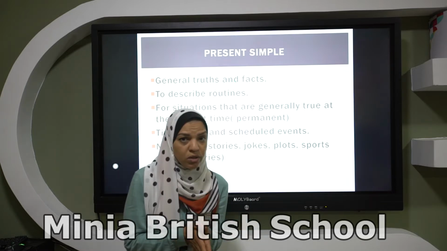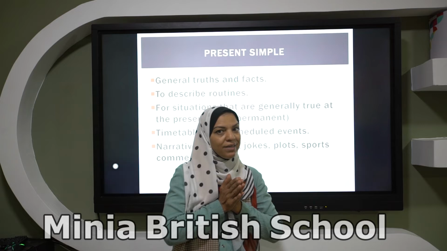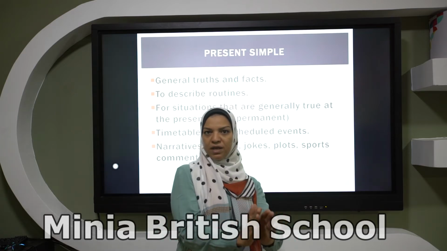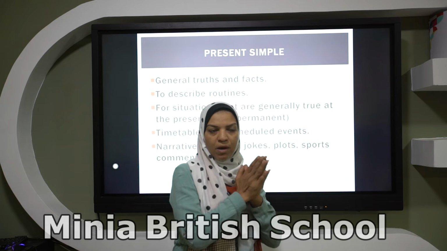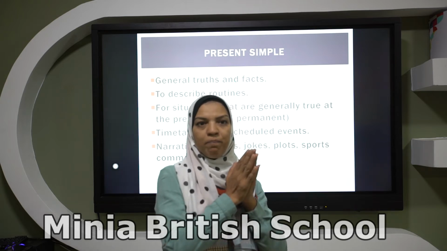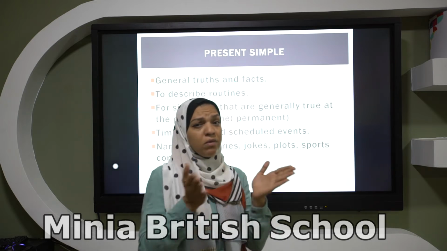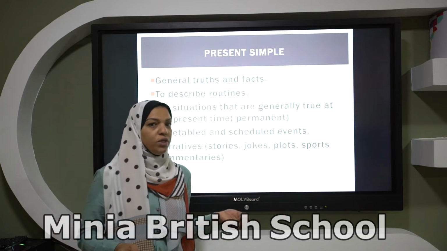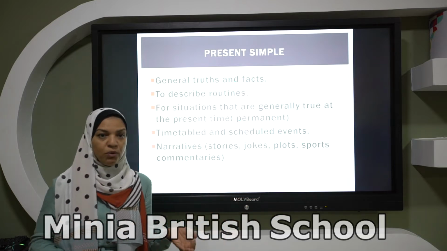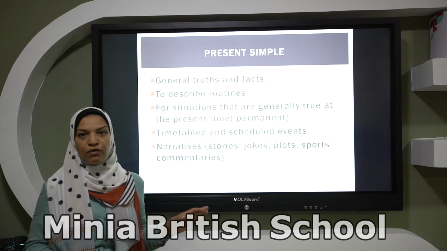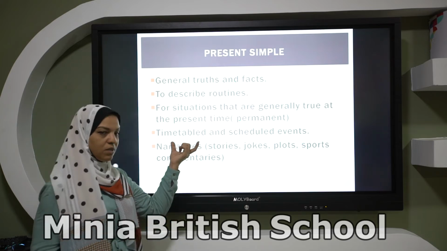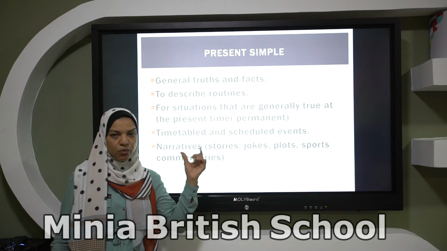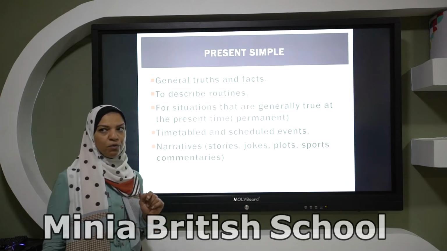So I also cannot say the train will leave at 10 p.m. No. The train leaves at 10 p.m. So these are scheduled, fixed actions that go according to a fixed timetable or schedule. Never use will with them. So this is the use of the present simple, but in future meaning. That's the only use of the present simple in the future meaning.